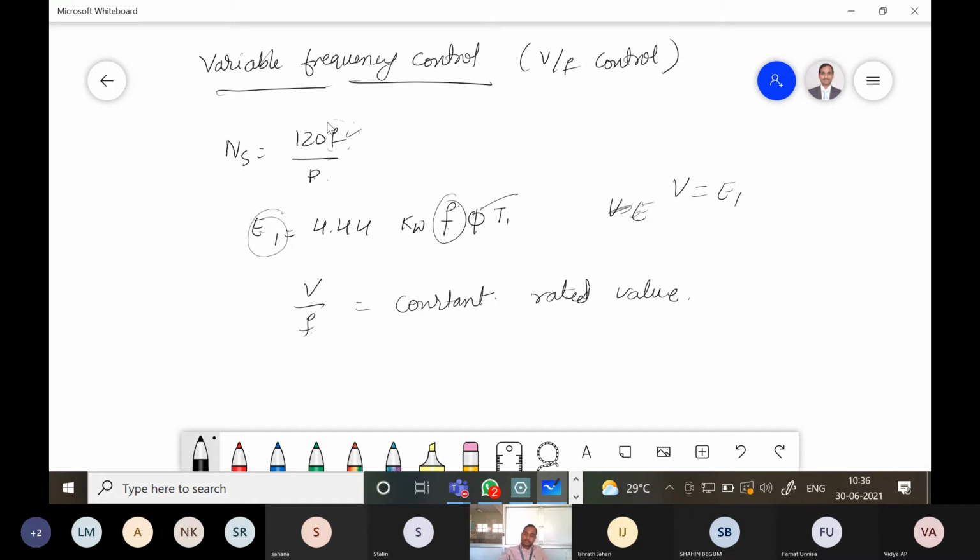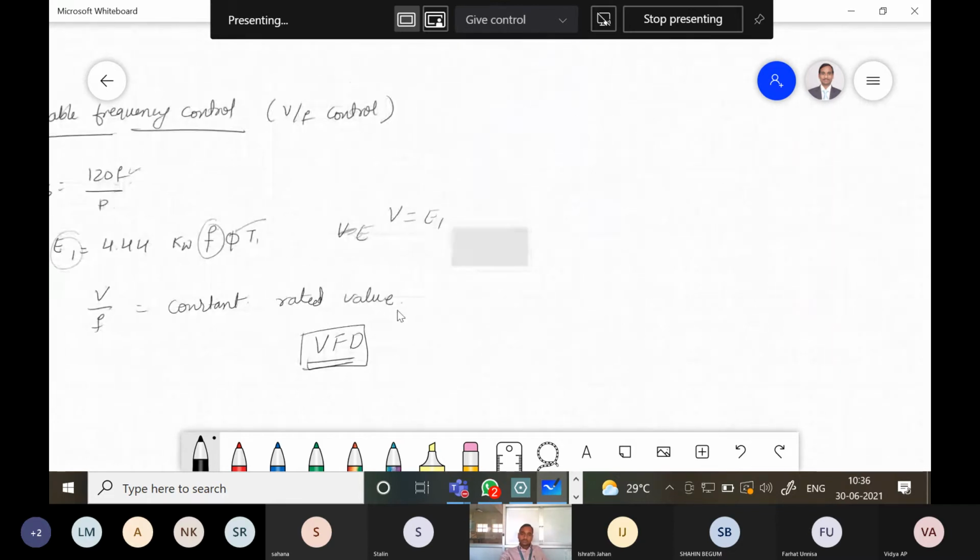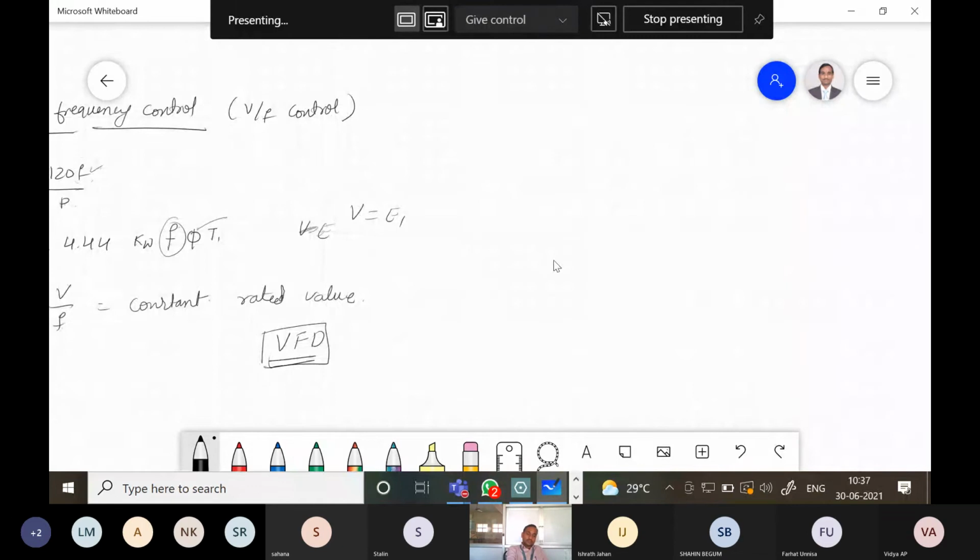There are many V by F control techniques available presently in the industry, such as the VFD, variable frequency drive. This drive is connected to the induction motor. So how do we get variable frequency? Suppose the AC voltage is there.